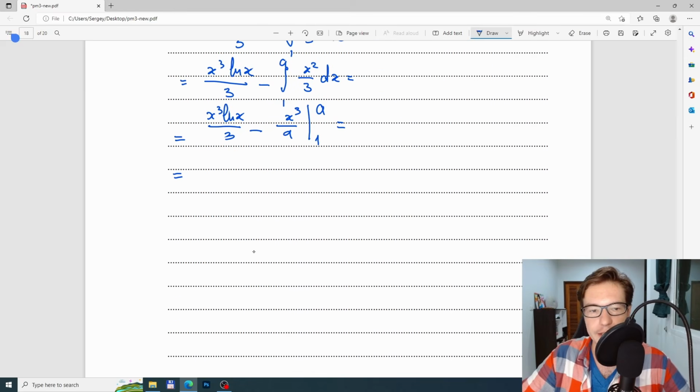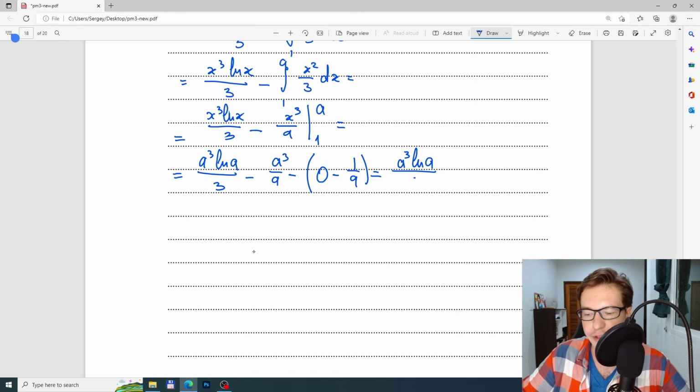I will get a cubed log a over 3 minus a cubed over 9, minus, substitute the lower limit, log 1 is 0, minus 1 over 9. So I will get a cubed log a over 3 minus a cubed over 9 plus 1 over 9.